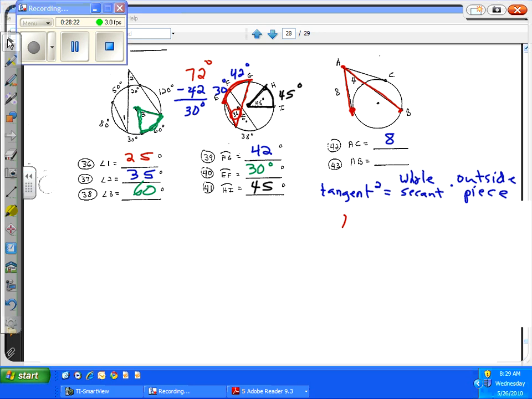So the tangent 8 squared is equal to the whole secant, which we don't know. We don't know this piece from here to here. But we could call that whole thing x, right? ABX.